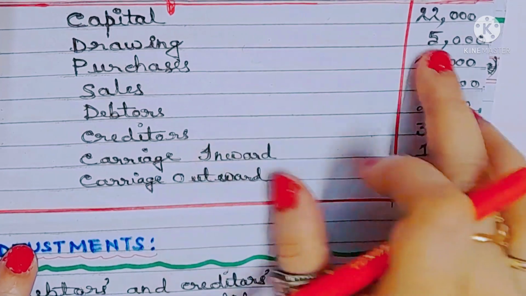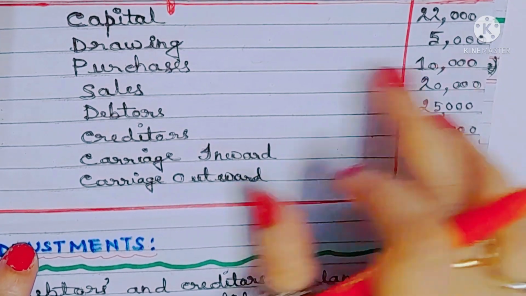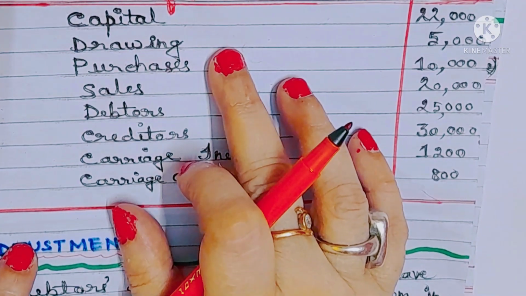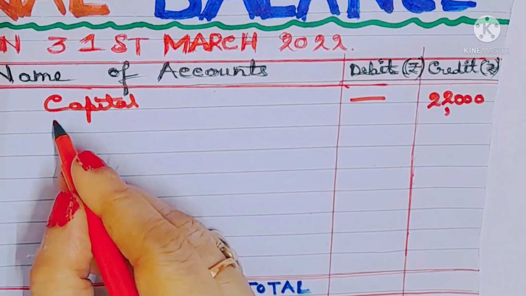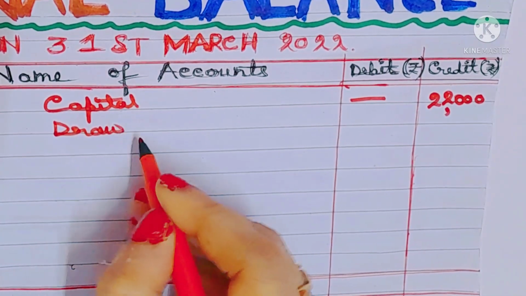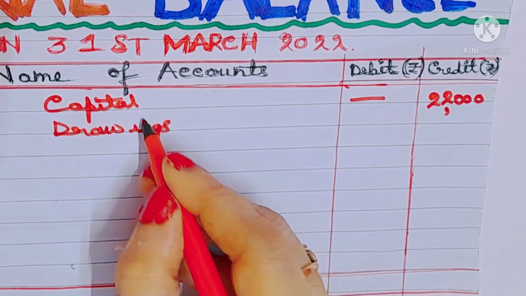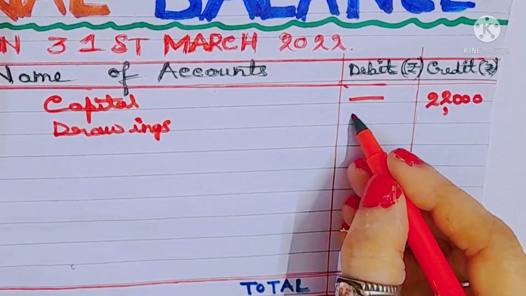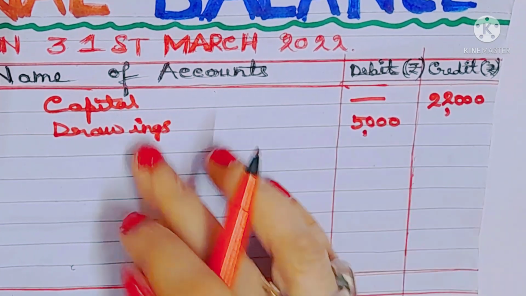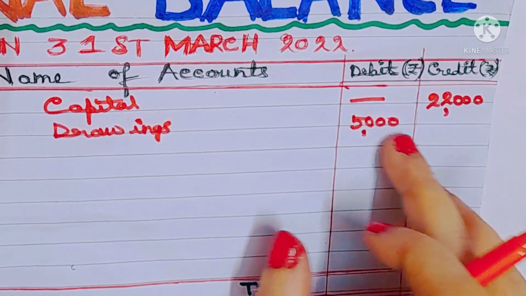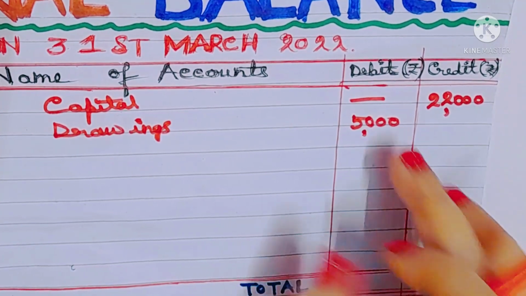The next account is drawings 5,000. Since there is no adjustment for drawings, we can straight away write drawings 5,000. Since drawings has a debit balance, that is the reason we have written drawings in the debit column.